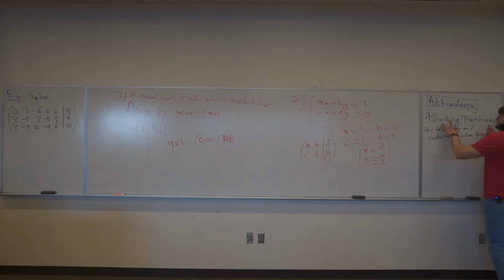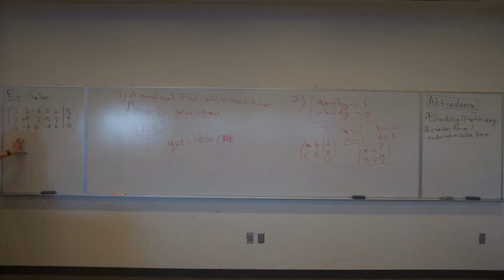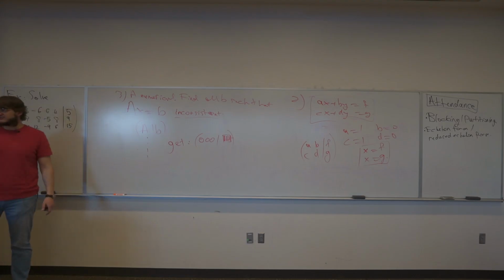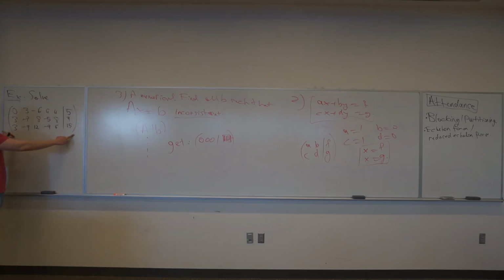But also, there is this idea of blocking or partitioning a matrix. And this augmented matrix notation that I'm using over here with the bar is an example of this. I kind of mentioned this last week as well. Initially, we would like to imagine matrices to be arrays of numbers. But in principle, there's nothing stopping you from thinking of arrays of arrays. So in principle, I can also think of this as a 1 by 2 matrix, where the first entry is a 3 by 5 matrix, and the second entry is a 3 by 1 matrix.